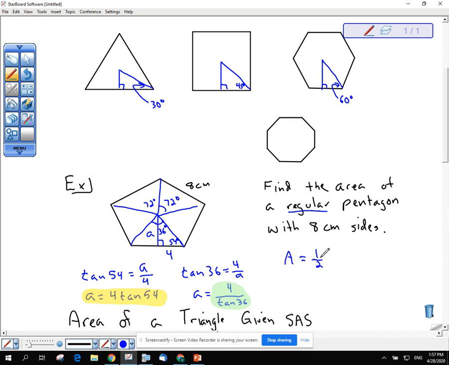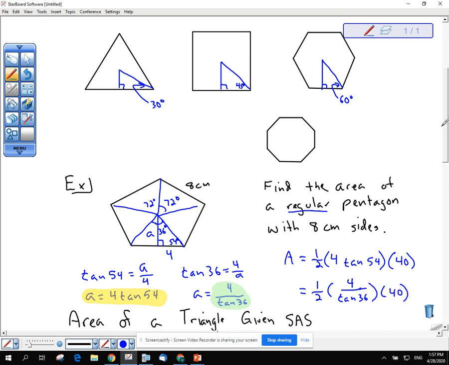So A equals 1/2 of 4 tangent 54 times the perimeter, which is easy, right? It's just 5 sides at 8 each, so that would be times 40. And then you could type that into your calculator. Again, the same answer will be produced if you go 1/2 times 4 over tangent 36 times 40.